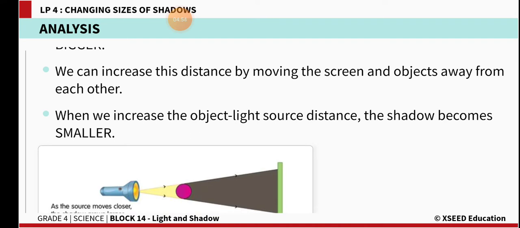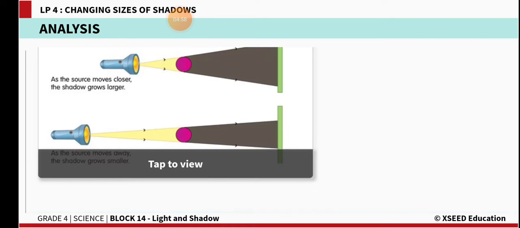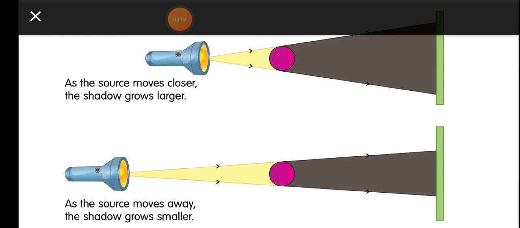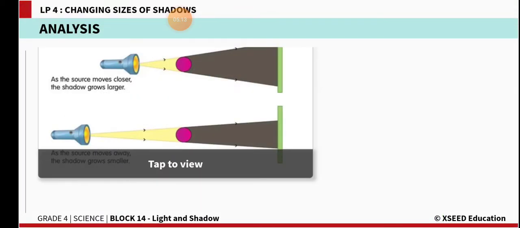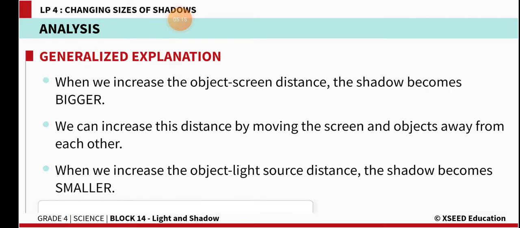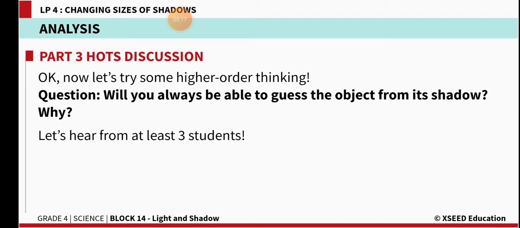When we increase the object-light source distance, the shadow becomes smaller. As the source moves closer, the shadow appears very big. As the source moves away, the shadow grows smaller. You understood this by observing the activity we did.